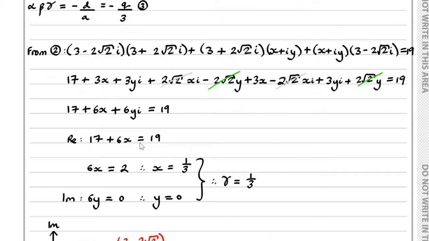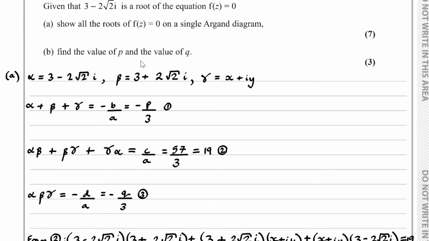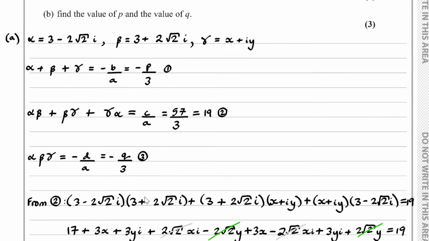And now for part B of the question, we have to find the values of p and q. To find the value of p, we can use equation 1, and to find the value of q, we can use equation 3.